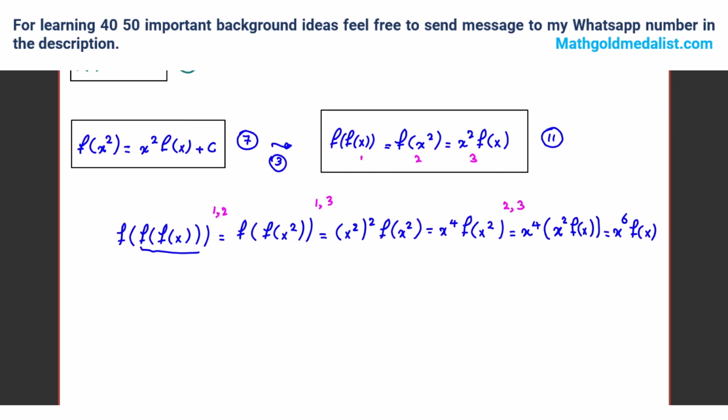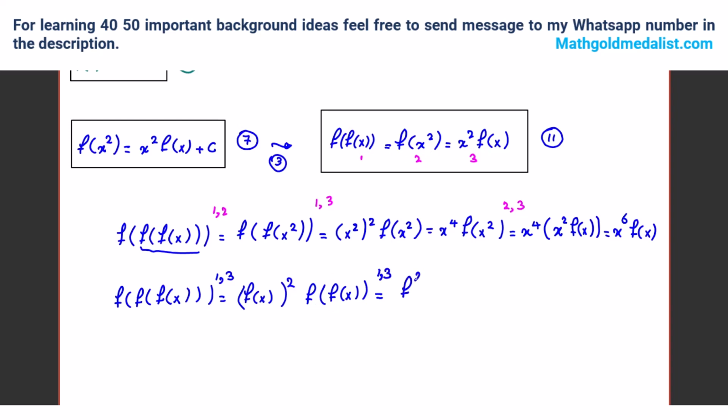Now let's calculate it with another way. We can say f of x. Here you can say, okay, it is f of something. We want to use 1 and 3, okay? So f of something is that thing, which is f of x squared, and f of x. And then for f of x, we want to use this 1 and 3.